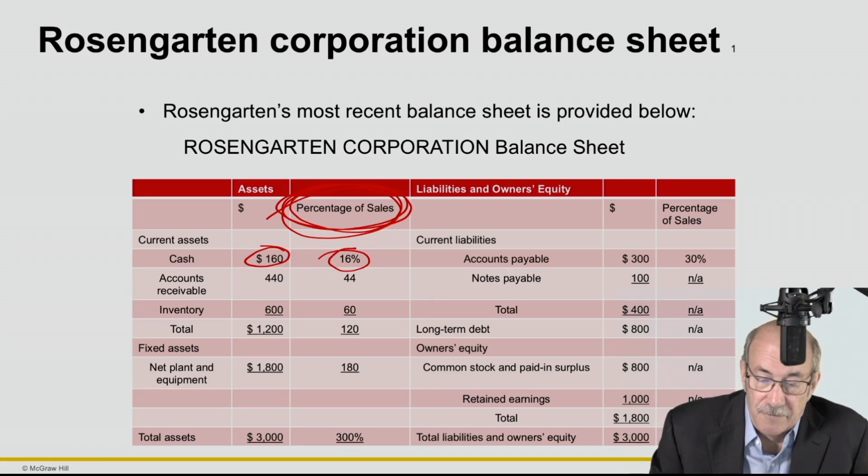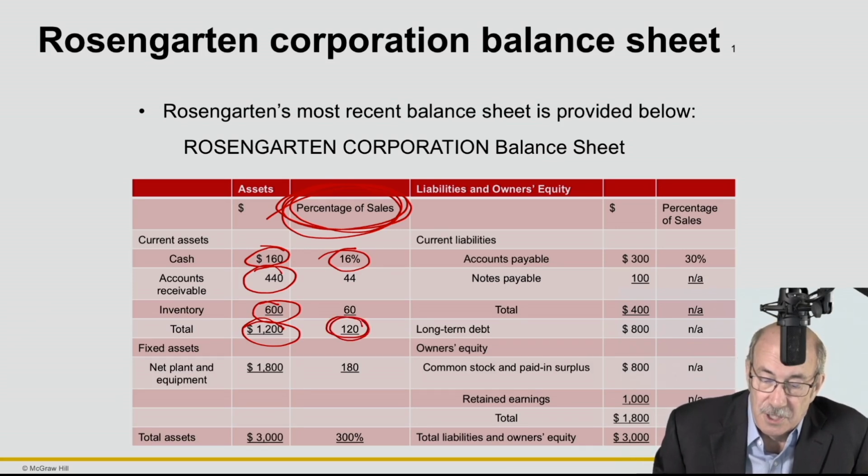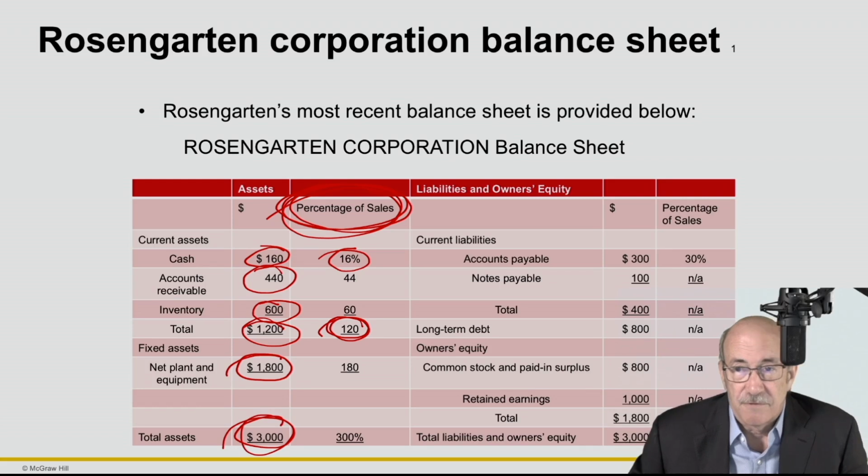We have accounts receivable, we've got inventory, and that gives us total current assets of 1,200, or 120% of sales. And then we also have another 1,800 in fixed assets in plant, property, and equipment, giving us a total asset base of 3,000.